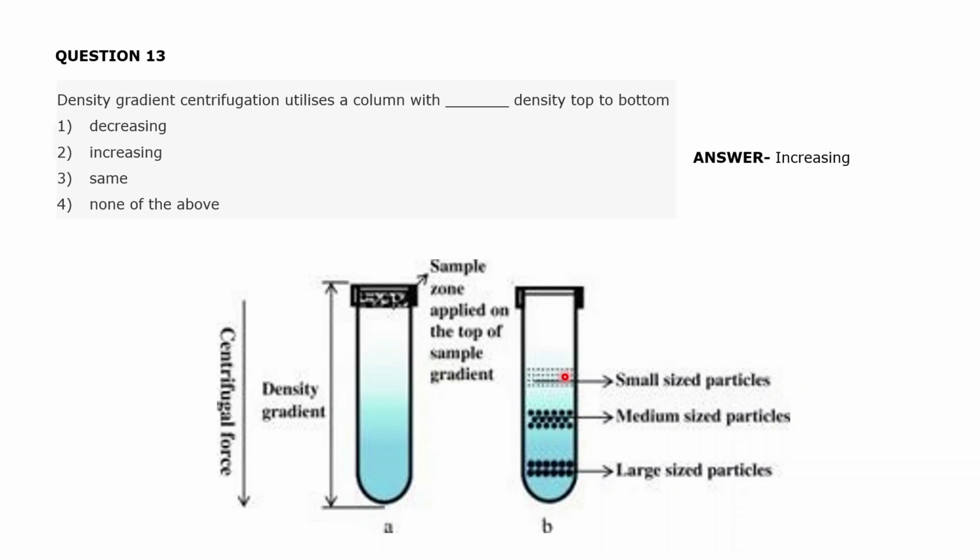So smaller size particles having lesser density occupy a much lesser concentration gradient, while medium size particles come in between, and the large size particles occupy the lowermost region where the density of the sucrose, in this case, is much higher. So the density gradient centrifugation uses a column with increasing density from top to bottom.